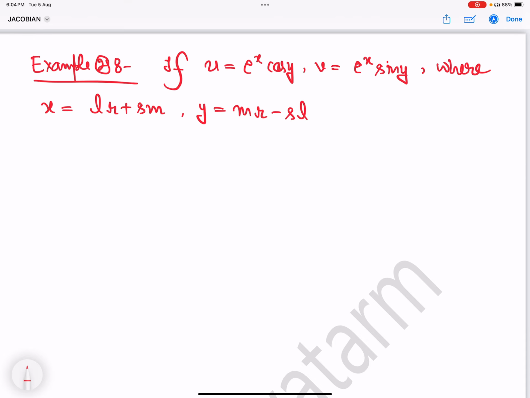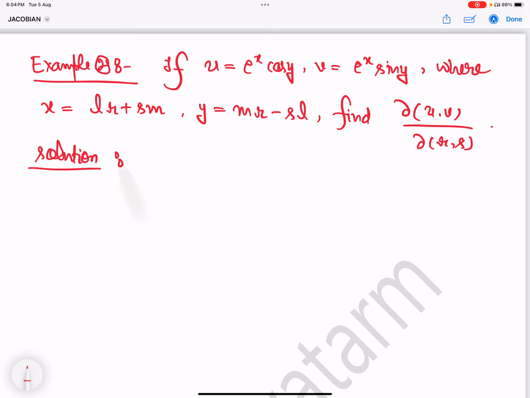Okay. Find the Jacobian of u, v with respect to r and s. Here l and m, these are constants.